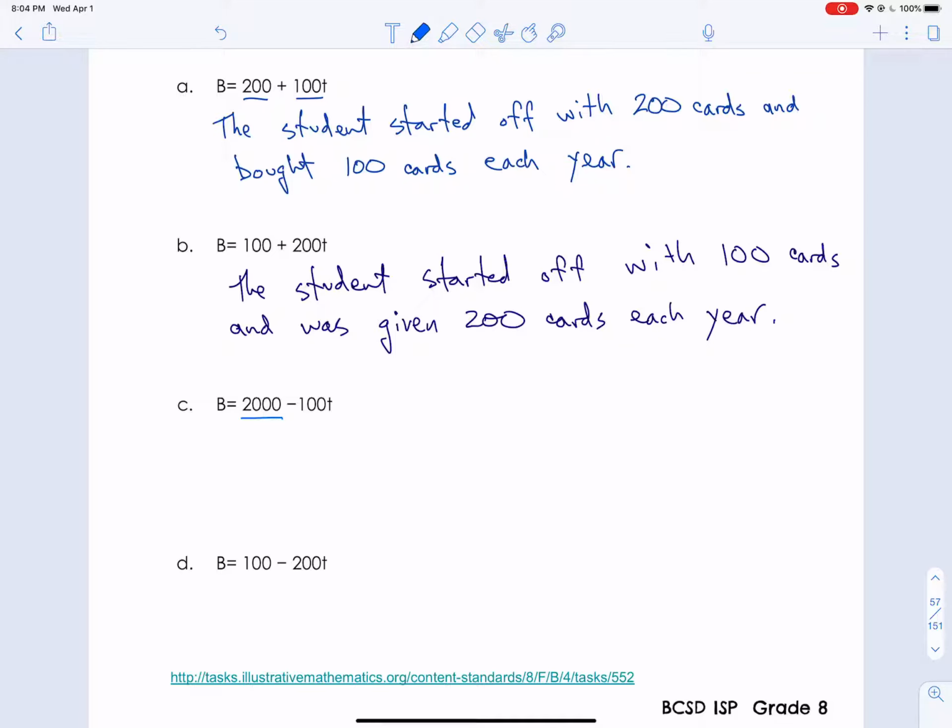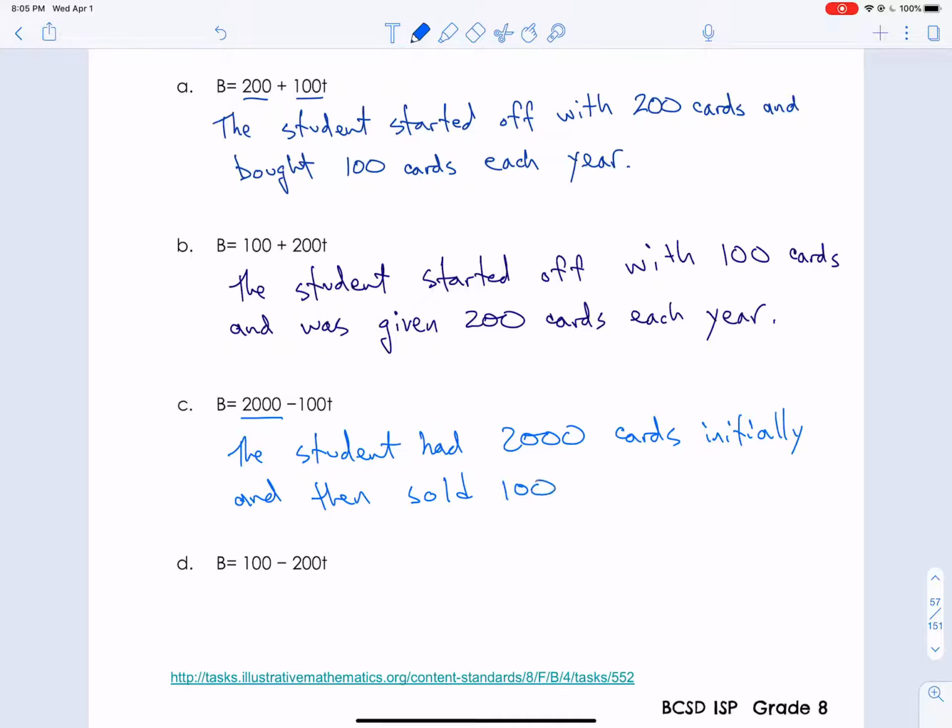All right, so the student, you don't even have to say started off. The student had 2,000 cards initially, and then I'm going to say sold, and then sold 100 cards each year.